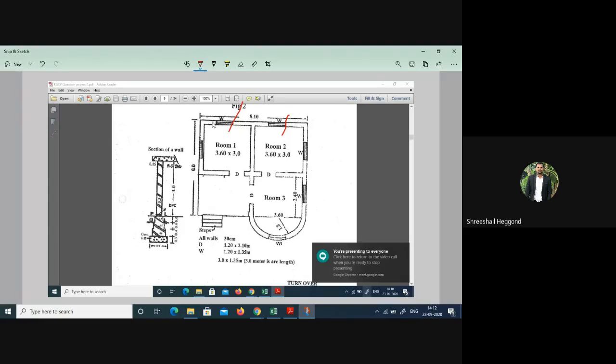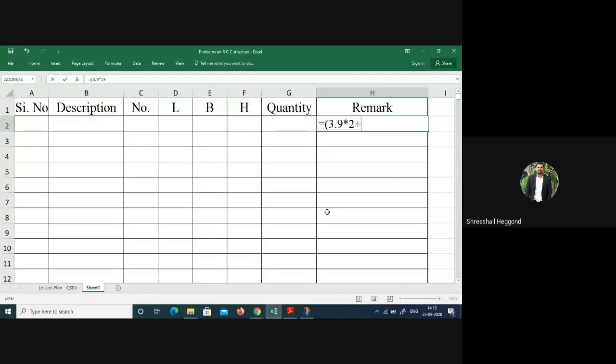The 8.1 meter long wall will be the same for the backside as well as the in-between wall, that is this wall, the red mark. That is the same, therefore I can multiply it by 2.